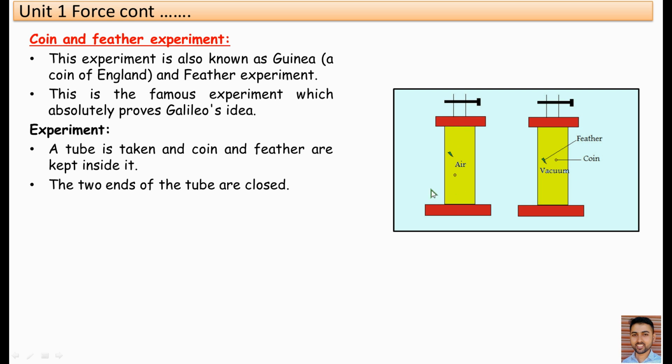In this experiment, a tube is taken and a coin and a feather are kept inside it.